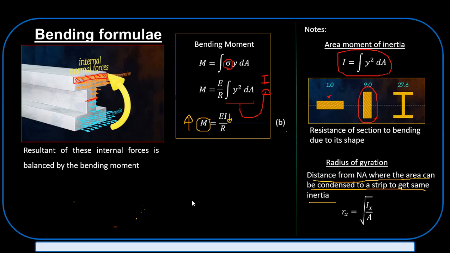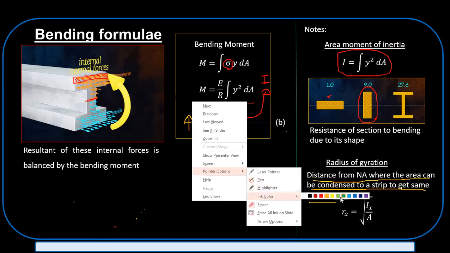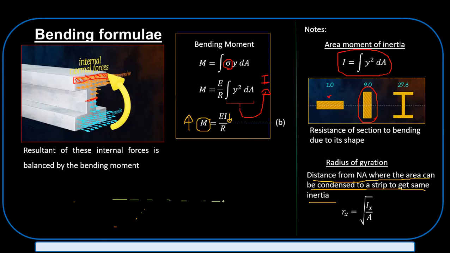If you consider some area like this, this is your x-axis. Let's call this your object, and about x you have I, call it Ixx. We convert it to a strip. These two have the same inertia, right?